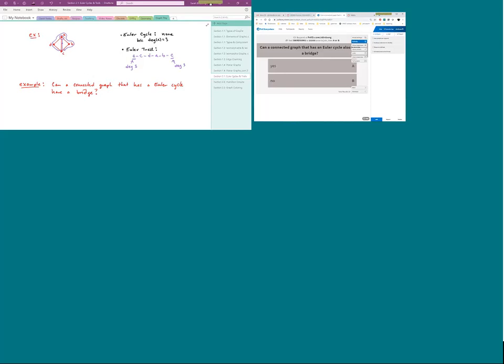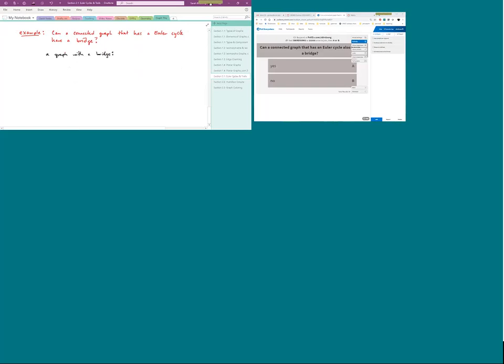So I'm going to go ahead and draw a picture of that while you guys are deciding whether you think a graph with an Euler cycle could ever have a bridge in it. So this here is an example of a graph with a bridge. Oh, and I'll make it a crazy example just because.